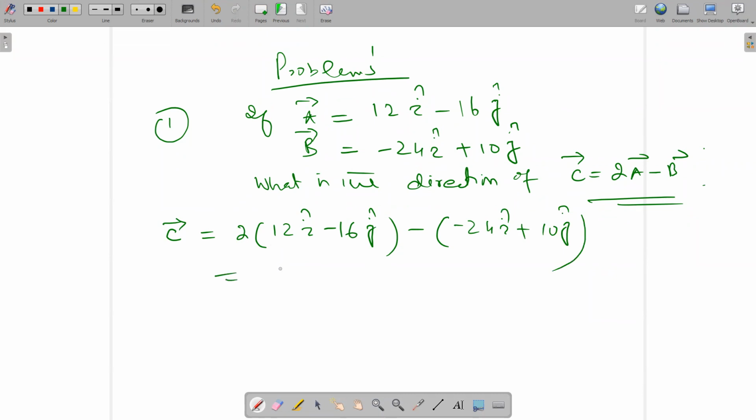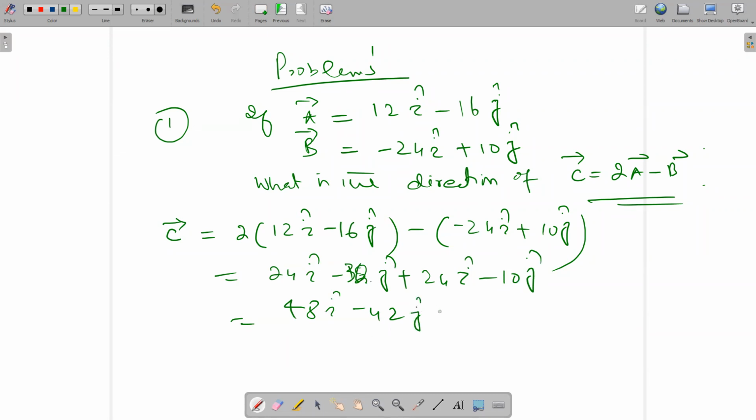If we solve this one, our answer will be 24i minus 32j plus 24i minus 10j, and this is equal to 48i and minus 42j. 16 twos are 32, so minus 32 and minus 10 becomes minus 42j. This is the answer for vector C.